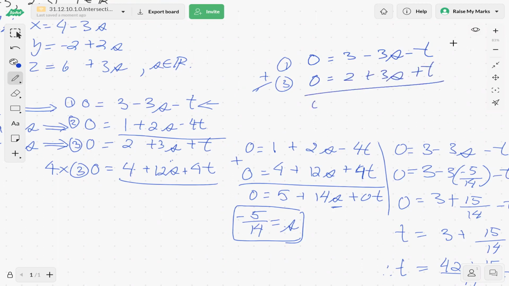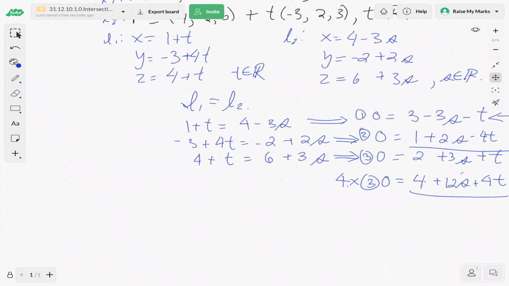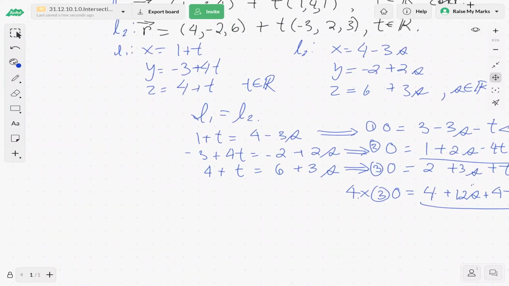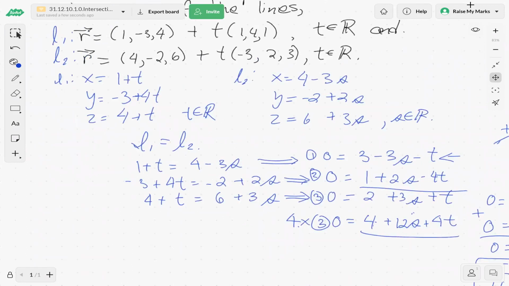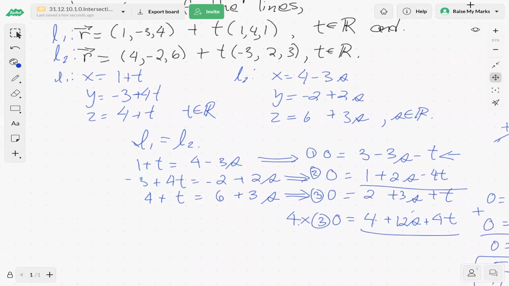We're going to add them. So we get 0 equals 5 plus 0s plus 0t. Well, we get 0 equals 5. That doesn't make sense. If it doesn't make sense, that probably means our two lines do not intersect in a point. But we got values for s and t using equations 2 and 3. So I'm going to say there is no point of intersection of these two lines, because we have this inconsistency if we look at equation 1 and equation 3.